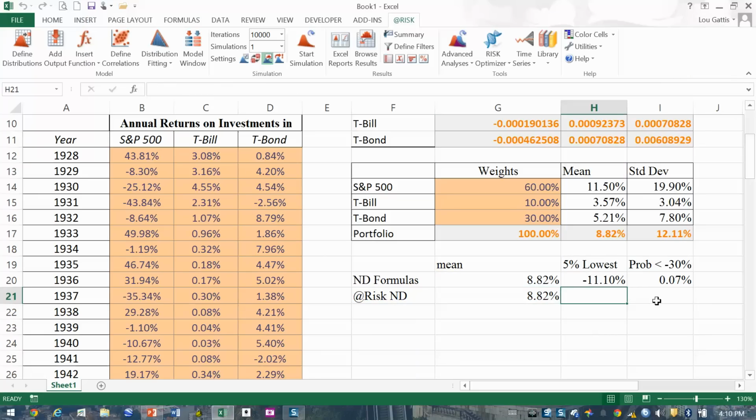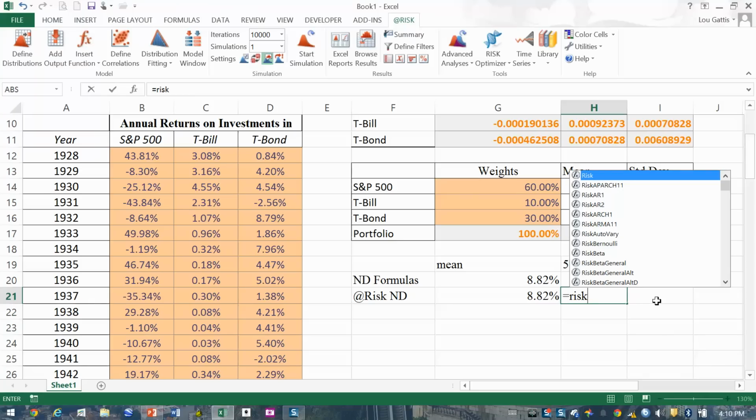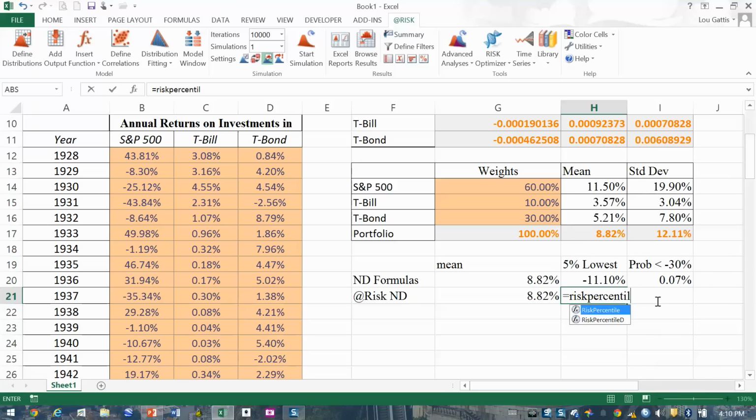Now I can get these out of the distribution by using RiskPercentile and RiskTarget functions. So if I say equals RiskPercentile, click on an @Risk output and put 0.05, it'll tell me the 5% lowest value. And there's my minus 11%.